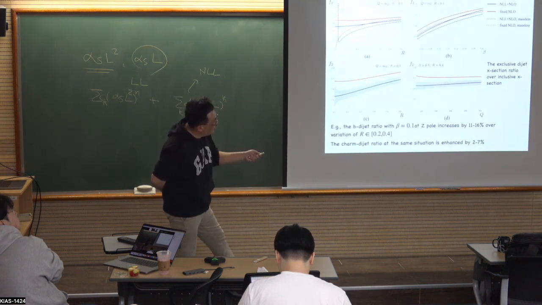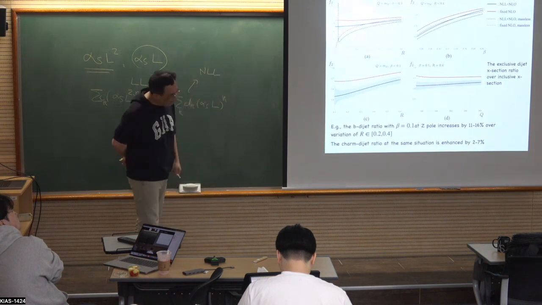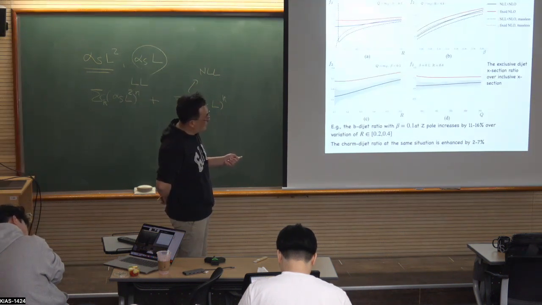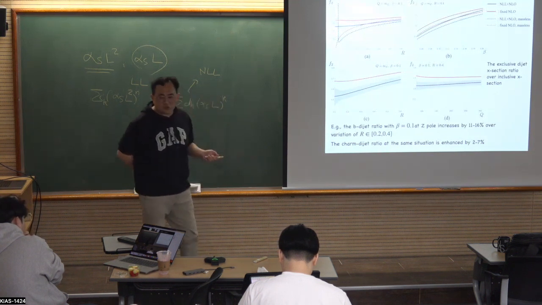Also here, spanning Q, we consider the heavy quark dijet cross section. If we consider the b bbar pair, I mean the b dijet cross section, the ratio with beta 0.1 at G4, when compared to the massless case, the heavy quark result increases by almost over 10%, with a variation of R from 0.2 to 0.4.